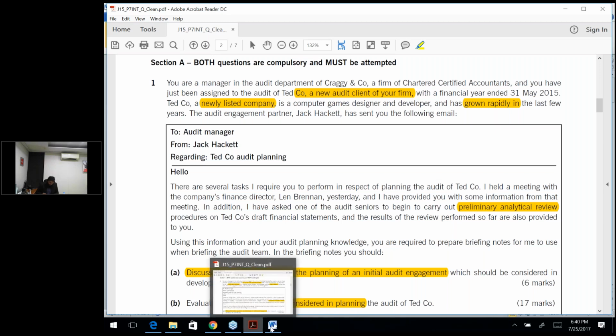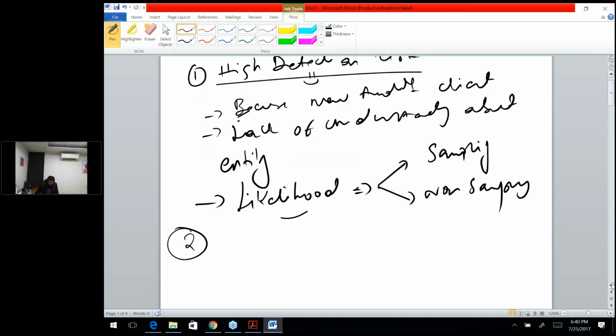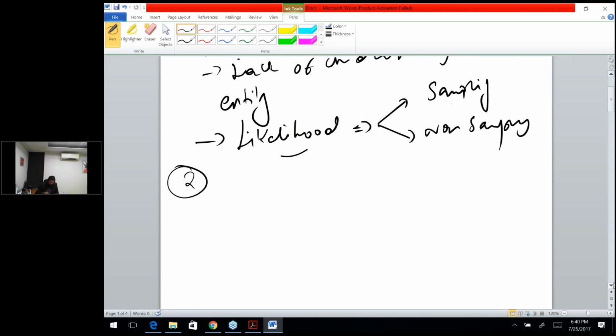One more thing I mentioned to you yesterday also: whenever a company is going towards obtaining finance, the entity definitely wants to show a good picture to the finance provider. When the entity intends to show a good picture, that means the financial statements would be subject to management bias.